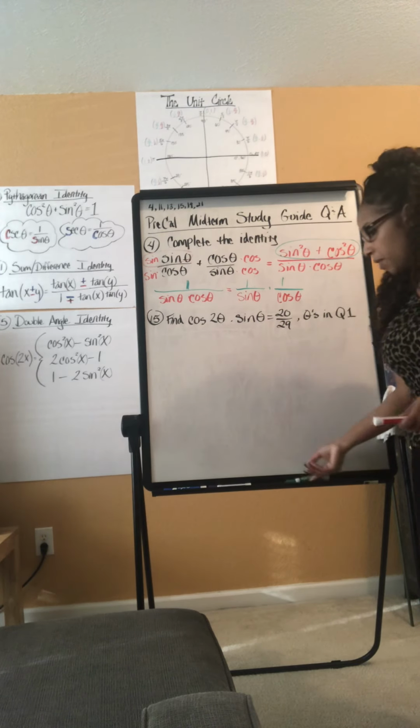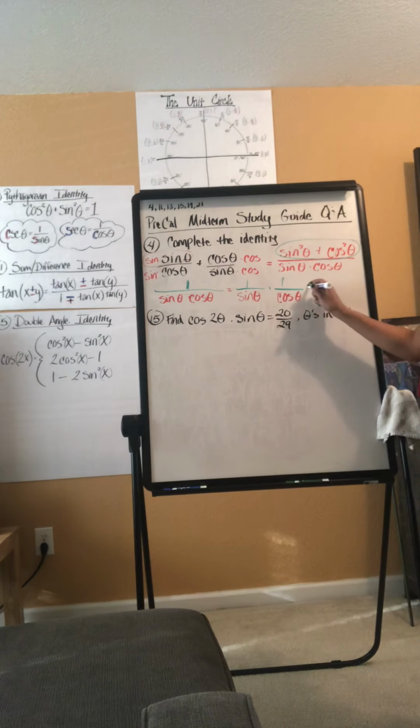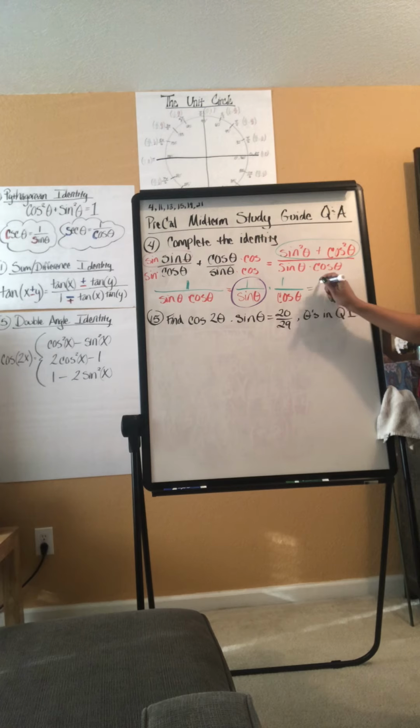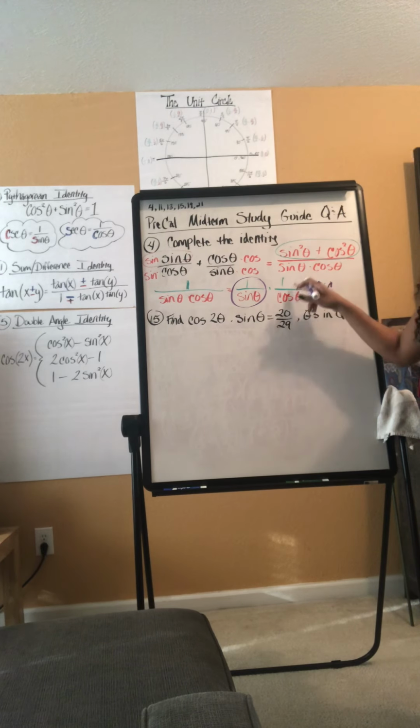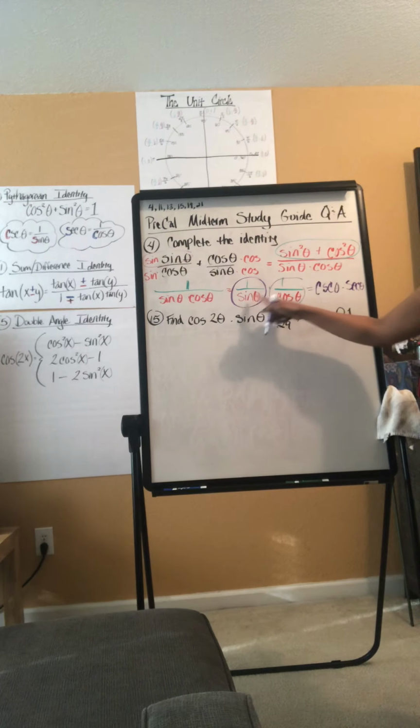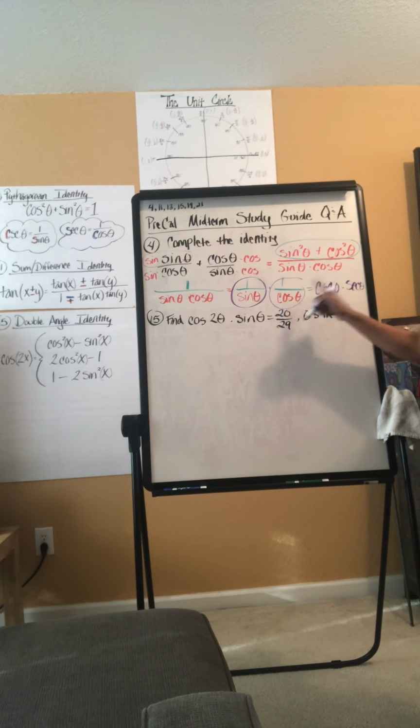And from here, I should recognize that 1 over sine is equal to cosecant, and 1 over cosine is equal to secant. I remember that the S goes with the C, and the C goes with the S. So cosecant theta, secant theta.